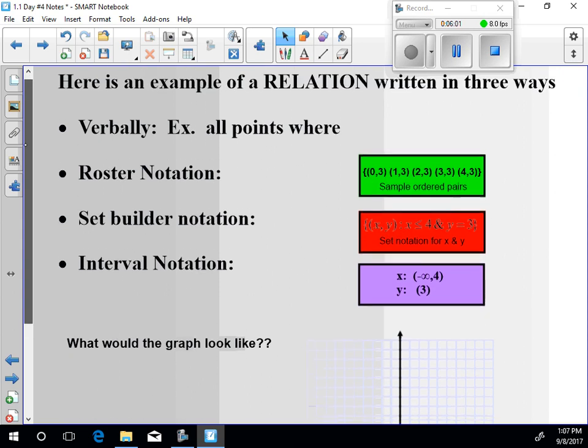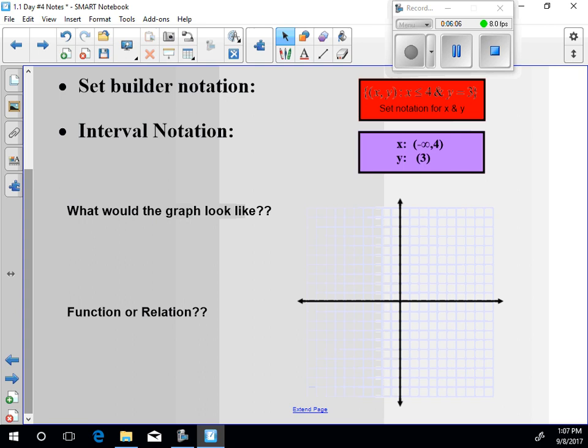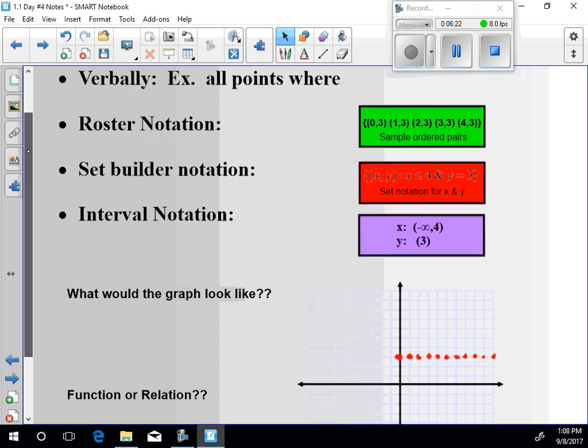So let's graph this thing, right? I'd like for you and a neighbor to graph this set, and we'll come back and look. Does your sketch look similar to that? So I've got the points given in roster notation as 0, 3, 1, 3, 2, 3, 3, 3, 4, 3.